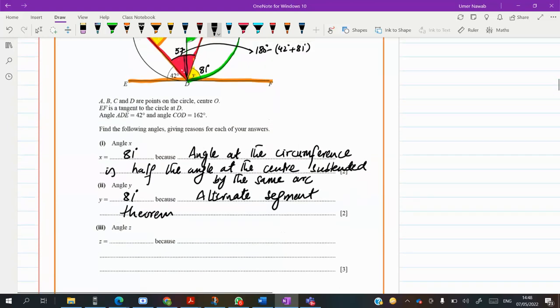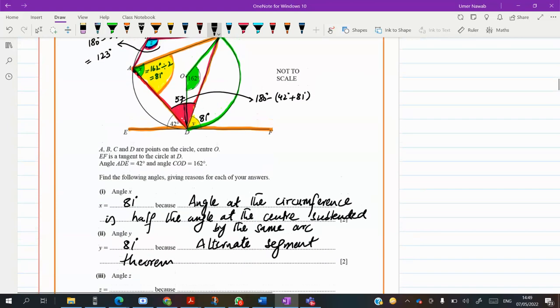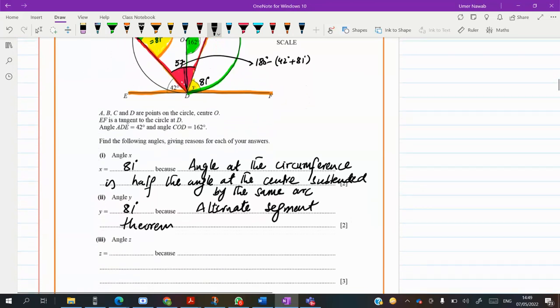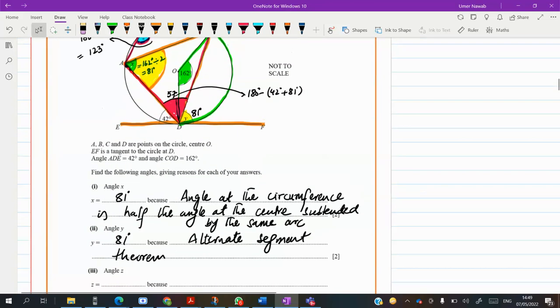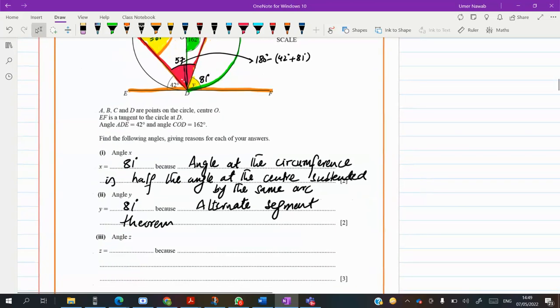And angle z, first I used angle sum of a triangle, 123 here. Number one, we use angle sum of a triangle to find this 57 degrees.